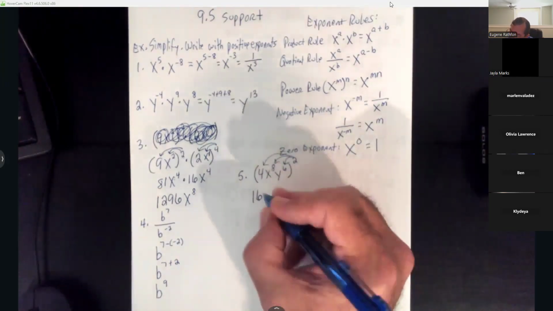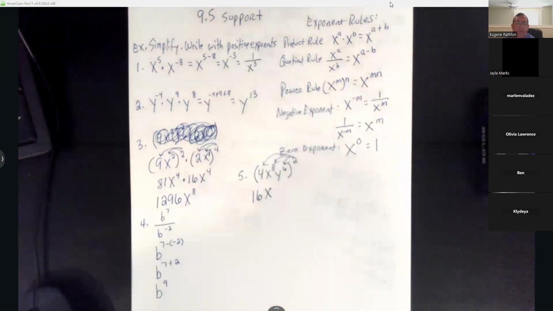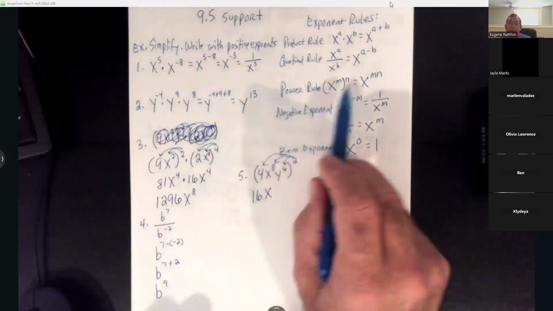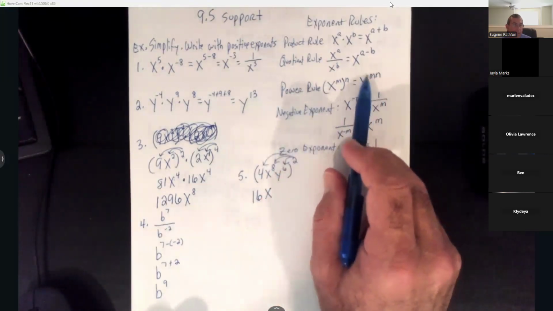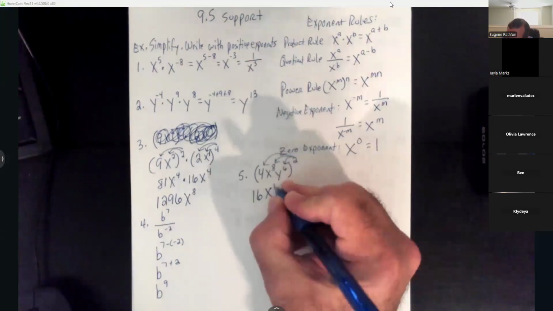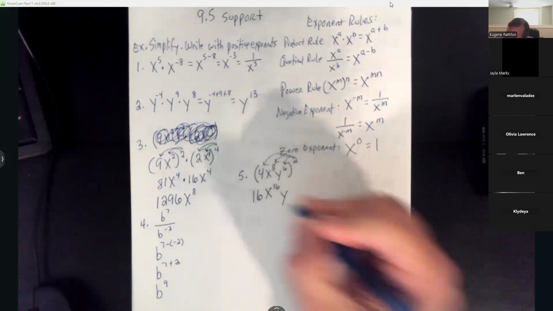So y'all, what's the exponent going to be on my x? Ooh, I see what you did. You squared that 8. Remember, Olivia, your power rule, multiply those exponents. So Ben got it. 8 times 2 was 16. Now how about that y?